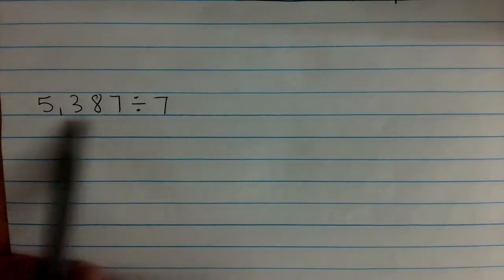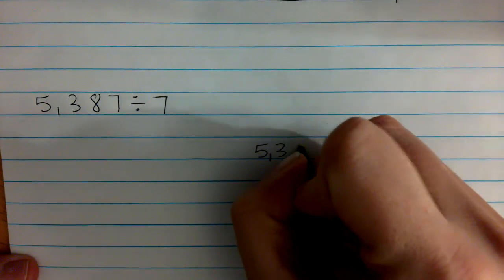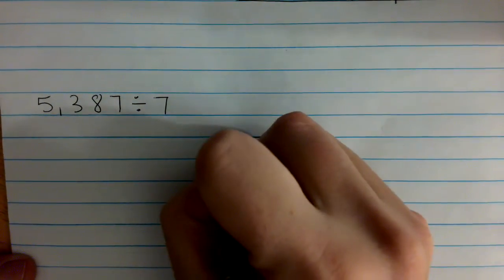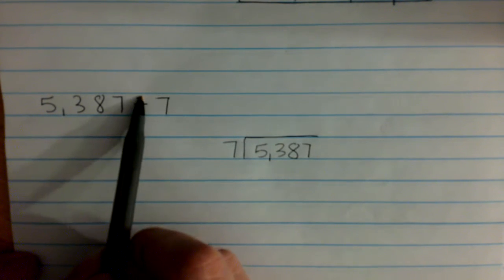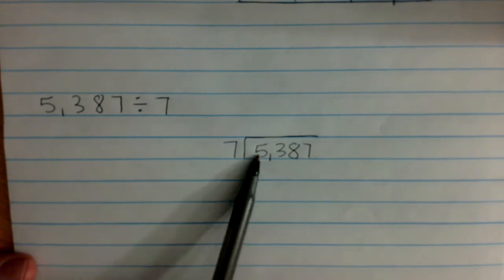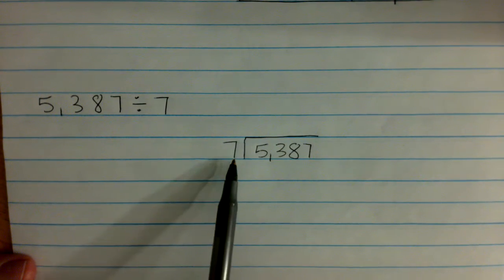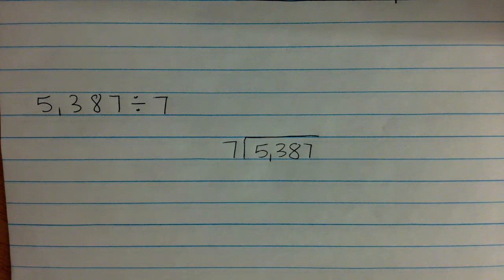Well, I'm going to put the dividend down first. 5,387 divided by 7. So think of this as divided by. All right, well, let's go ahead and go through this.